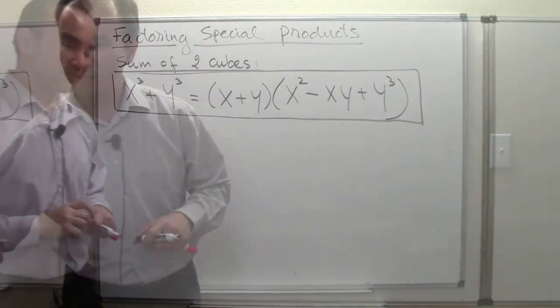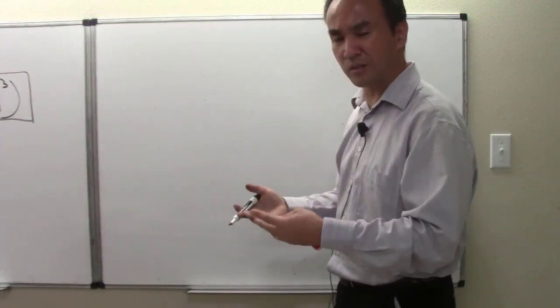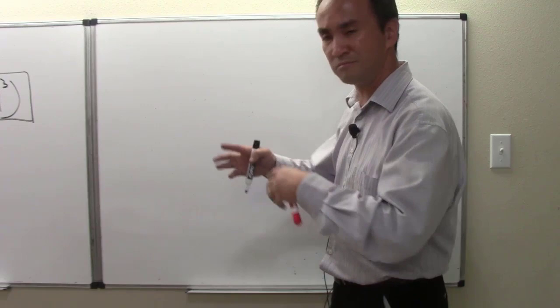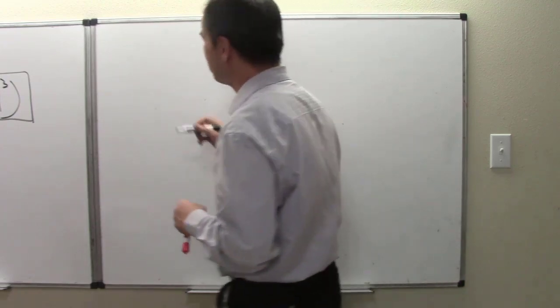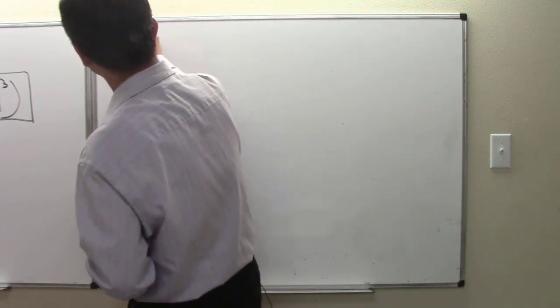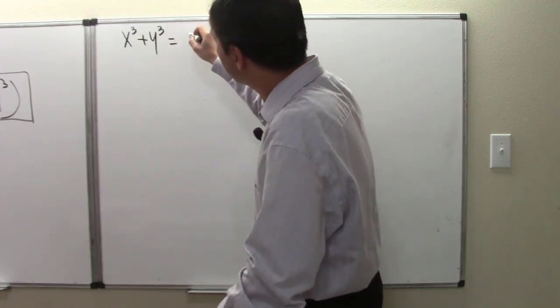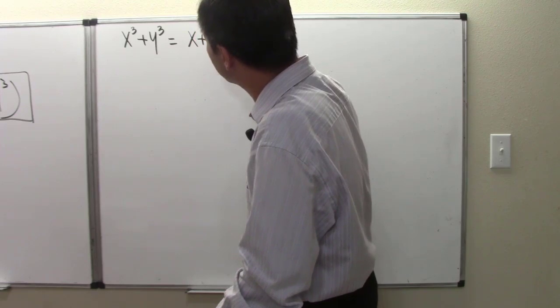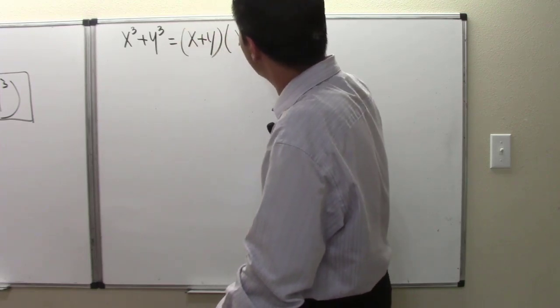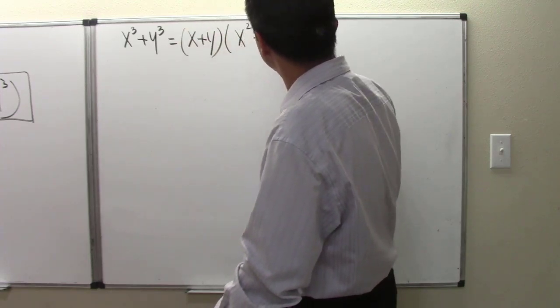All right, and let me make similar arguments so that I can show how this formula came about. So x cubed plus y cubed is stated to equal, in factored form, x plus y times x squared minus xy plus y squared.